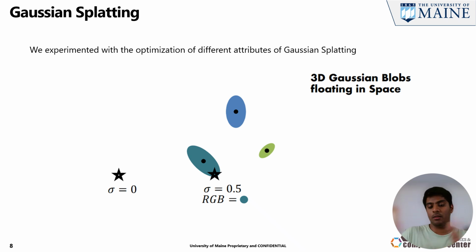Each attribute could have been optimized, but because of the texture involved in 3D printing and its repeating patterns, as they say in computer vision, we were unable to optimize it in the way we want. So that was a dead end with Gaussian splatting.